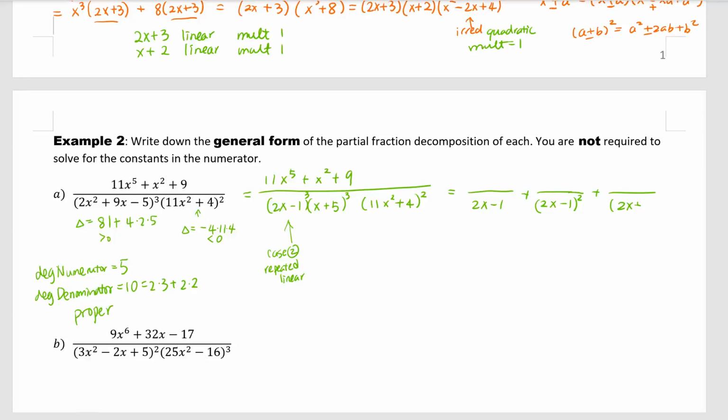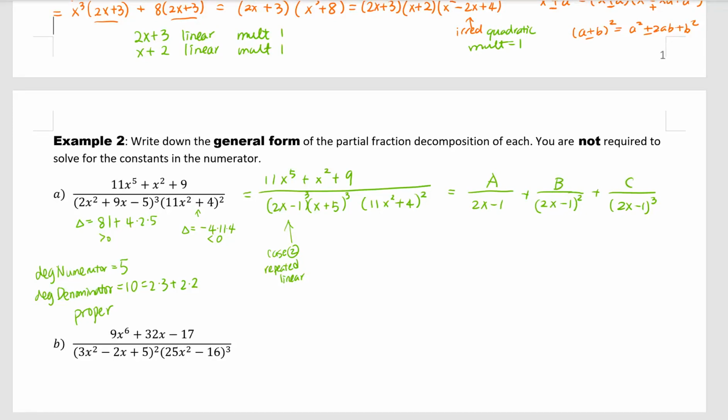Okay, so far so good. And how about the constants? How about the numerators? They're constants, right? So we can do A, B, C.